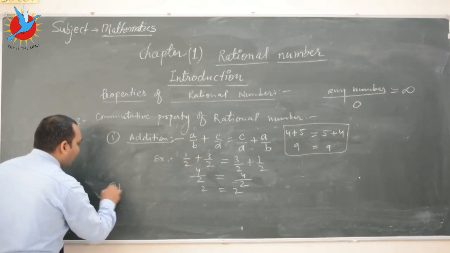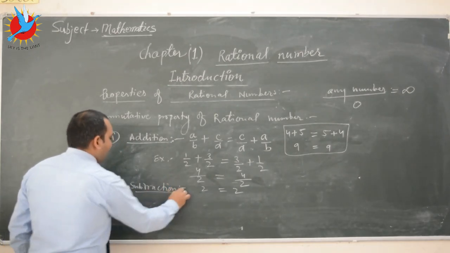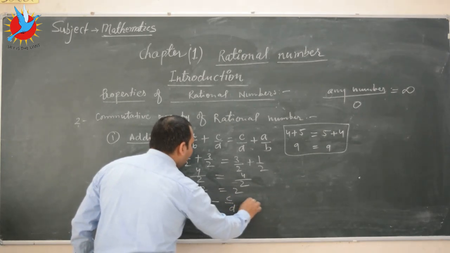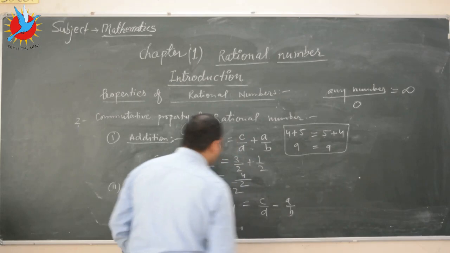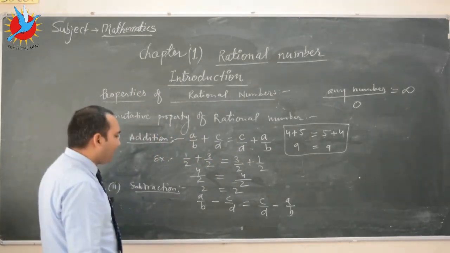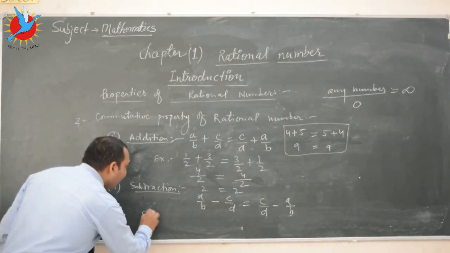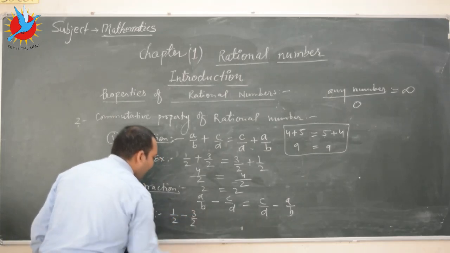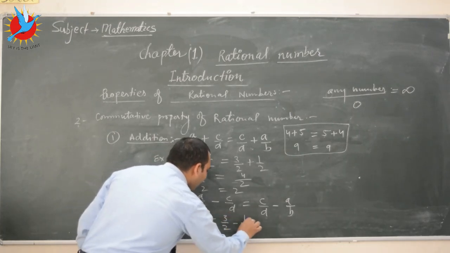Next, second one, subtraction. a upon b minus c upon d is equal to c upon d minus a upon b. We check whether subtraction also holds the commutative property, yes or no. It cannot hold, because if we take one example, 1 upon 2 minus 3 upon 2 is equal to 3 upon 2 minus 1 upon 2.